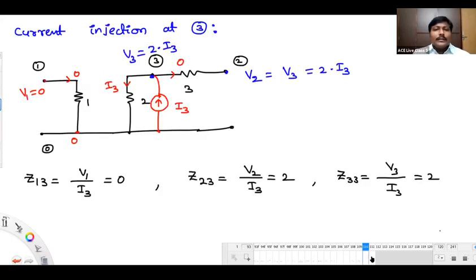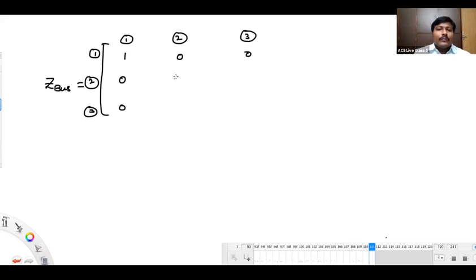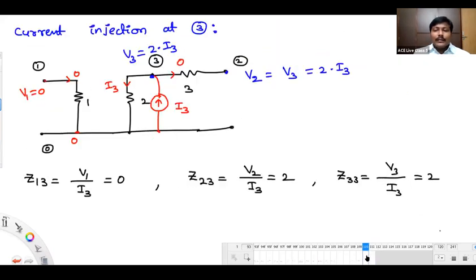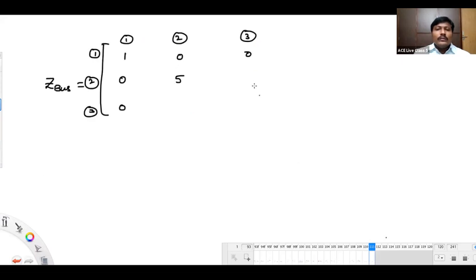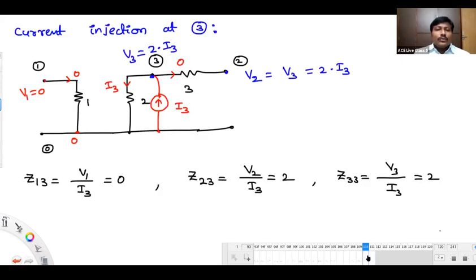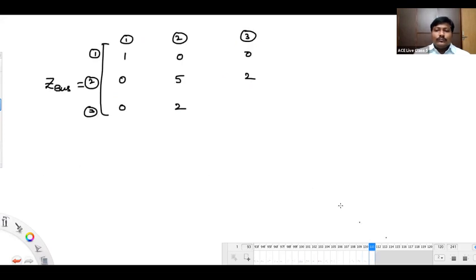Z22 is the value 5. And then Z23 we calculated, that is 2. And this is 2. And the Z33, if you take, that is 2. So this is a ZBus in per unit form for the network, whatever they have shown.